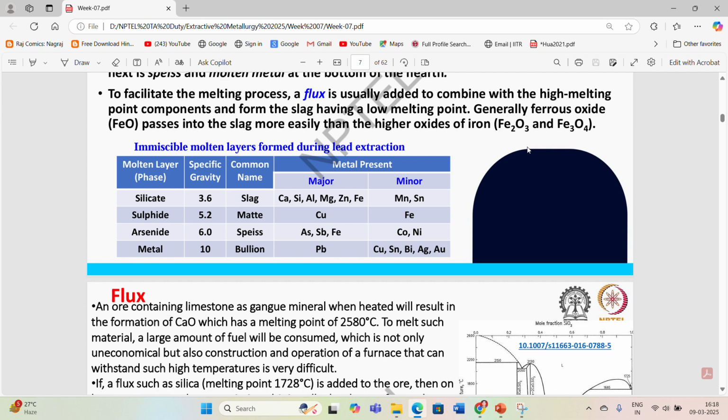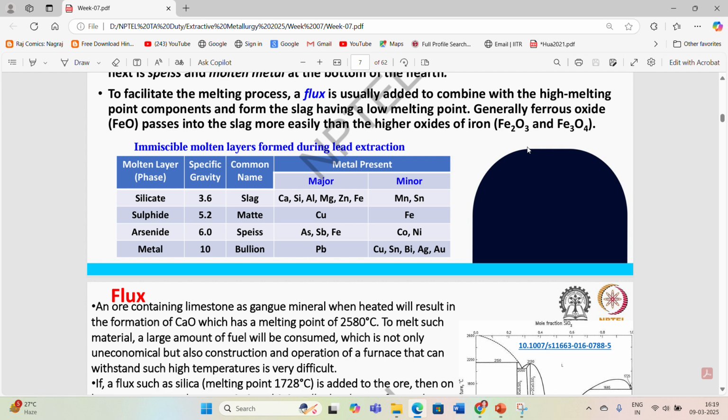So, four immiscible molten layers are formed during the lead extraction process. One is silicate, which has a specific gravity of 3.6, and the common name is generally slag. The major components present inside this slag are calcium, silicon, aluminum, magnesium, zinc, and iron. Then there is sulfide, which has a specific gravity of 5.2, known as matte.